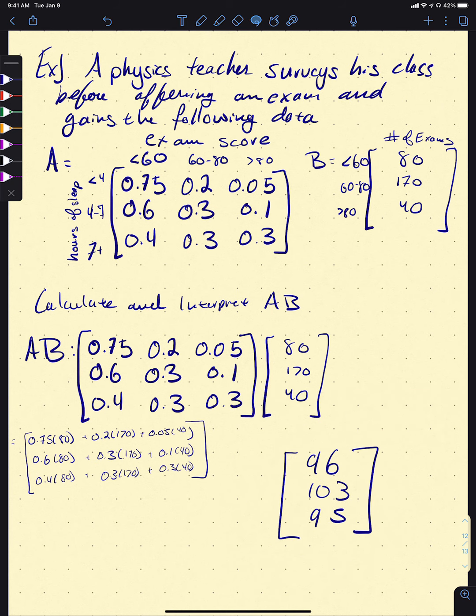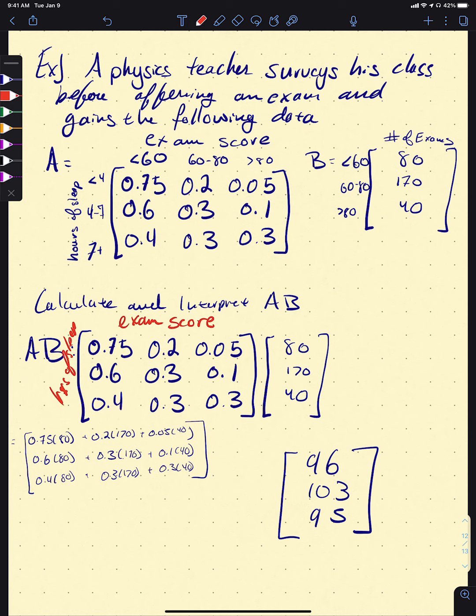Okay. So let's try to think about what we did here. In A, we have our columns by hours of sleep. We have our rows by exam score.